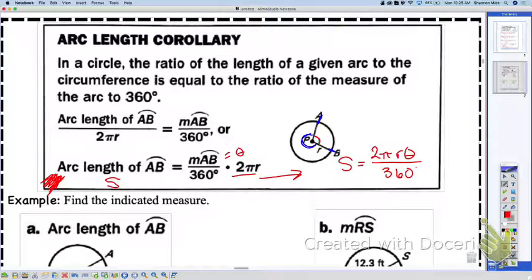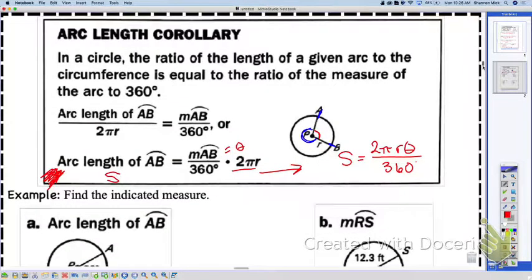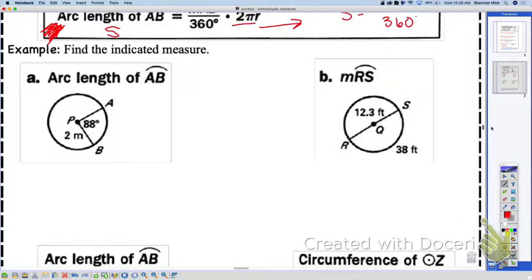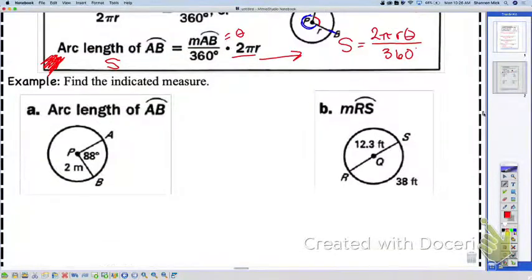Now this equation will be available to you on the test because this is a new one. It's not one that you'll know yet until pre-calc. Okay, so it says find the indicated measure. So we're going to be finding different parts, and make sure you can see that formula available to you.